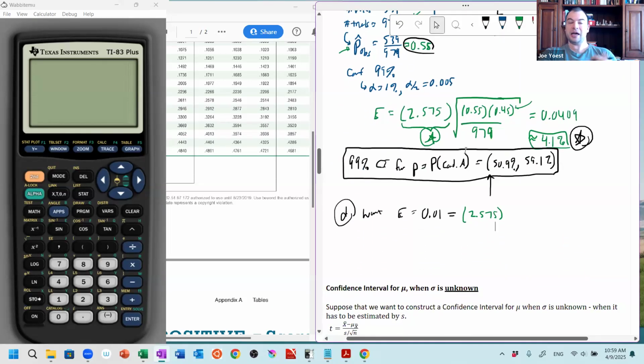If we wanted to be extra conservative here, we would switch our p-hat observed to 50-50, so 50% here and 50% there. That would maximize the margin of error, and any other p-hat observed away from 50% would only reduce it further.